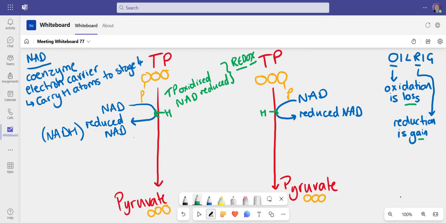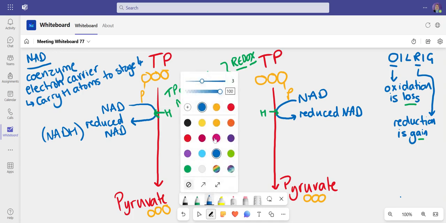The second thing that happens here is that we're going to make some ATP molecules. So if we want to make ATP molecules, we need to start with ADP and add a phosphate.